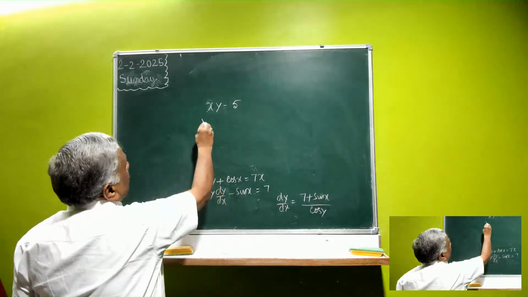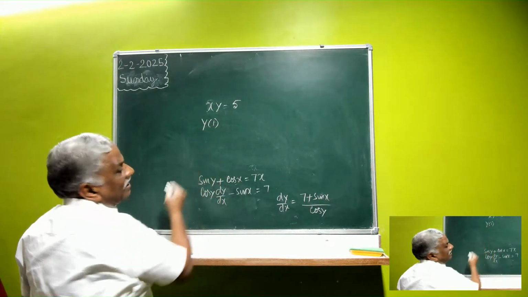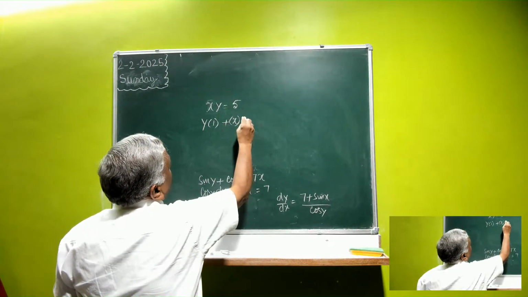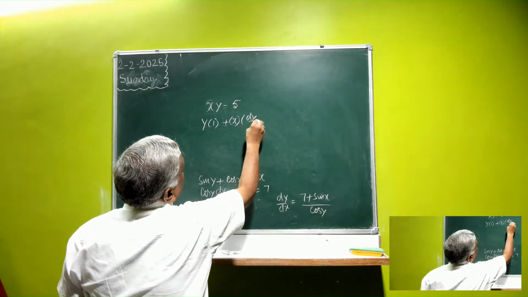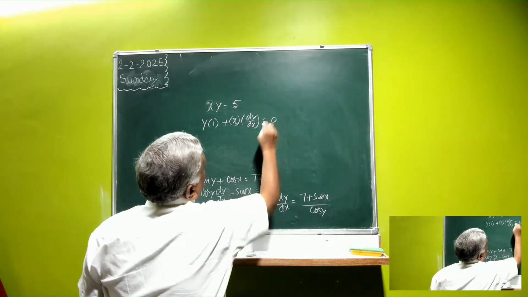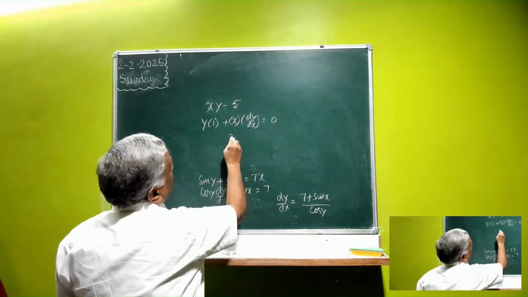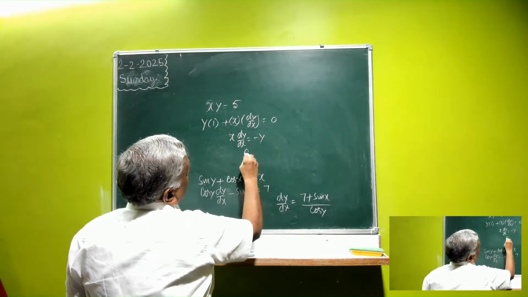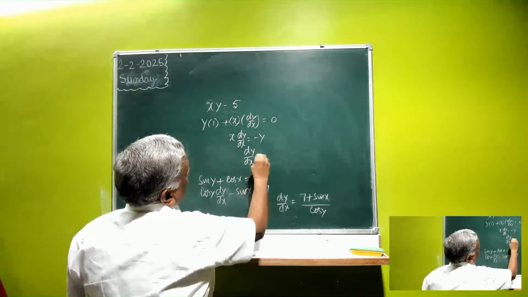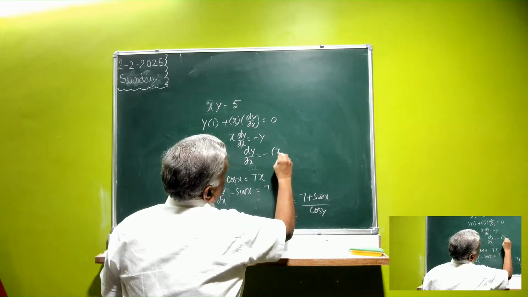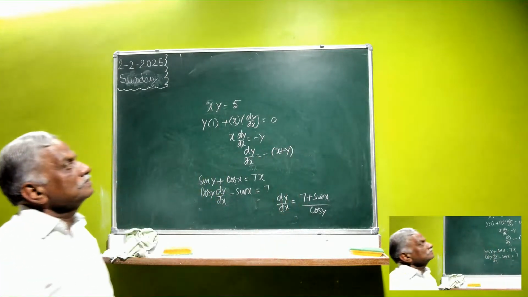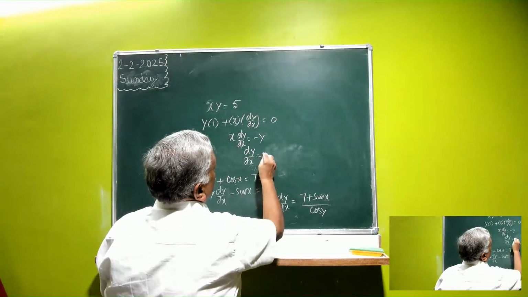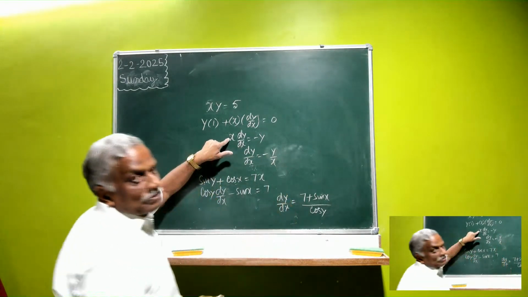Keep y, differentiate x, I get 1. Keep x, differentiate y, I get dy by dx. And 5 is 0. So x dy by dx is equal to minus y. So dy by dx is equal to, sorry, we go to the denominator, minus y by x. Because x is multiplied.